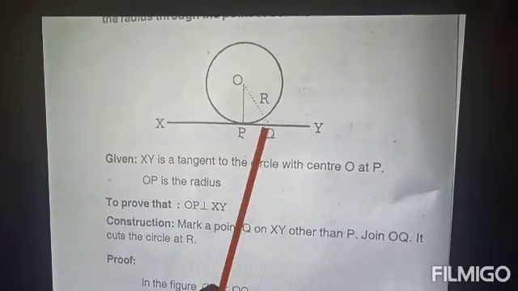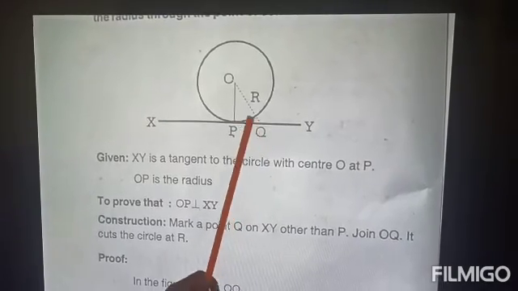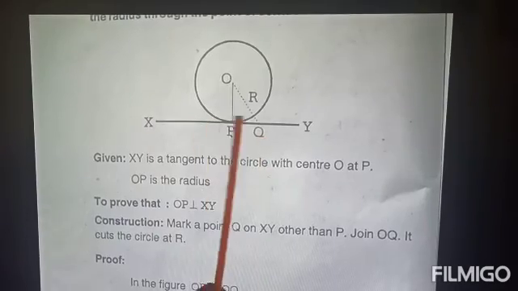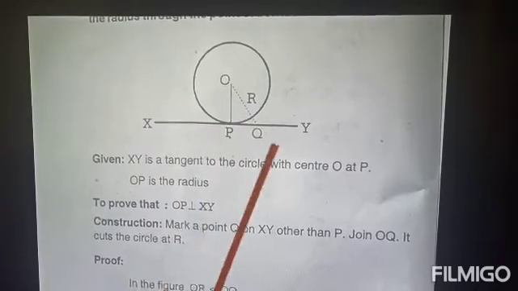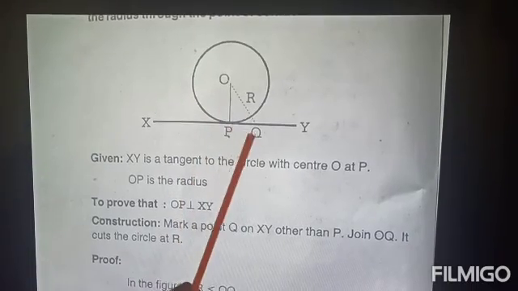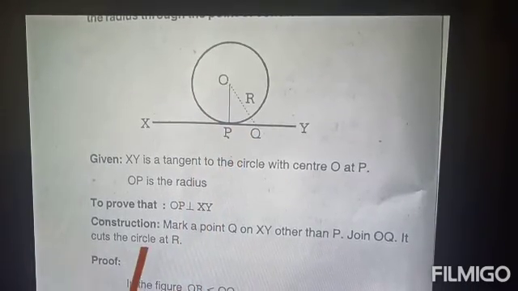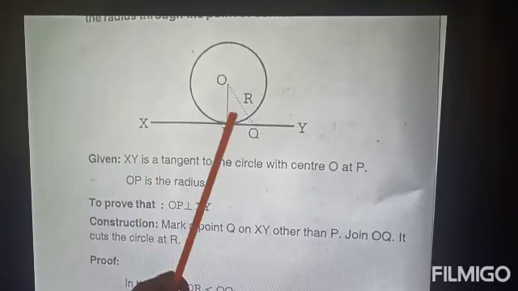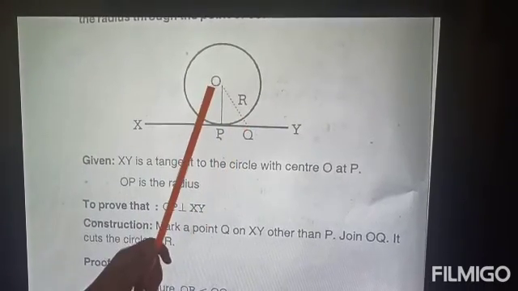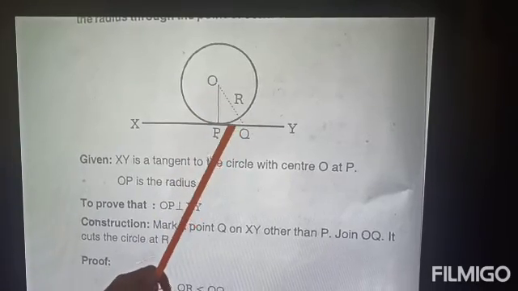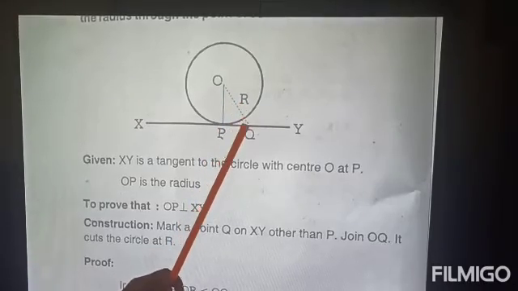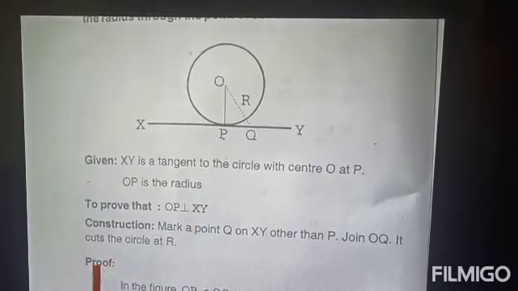We took the right side. That is Q, marked on tangent XY other than P, and join that with O. Join OQ. It cuts the circle at R. Q is here, and by joining OQ, this OQ cuts the circle at R. Now prove.